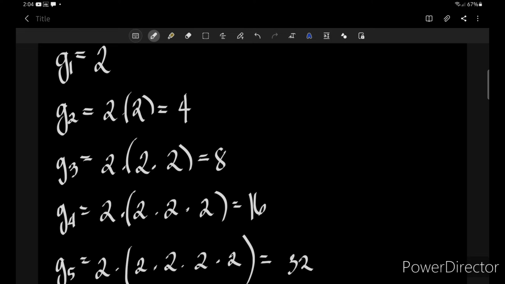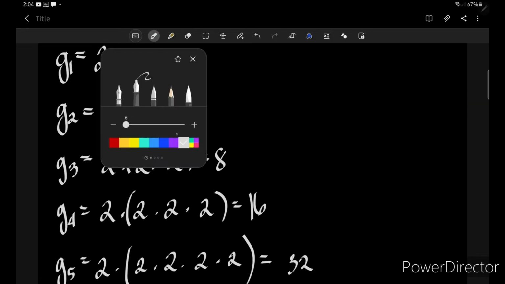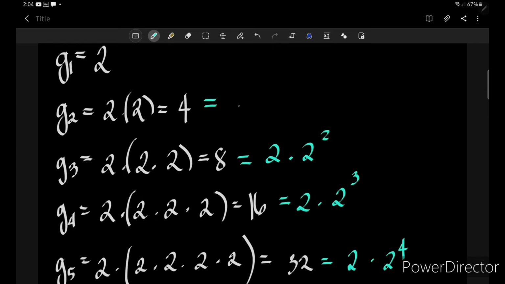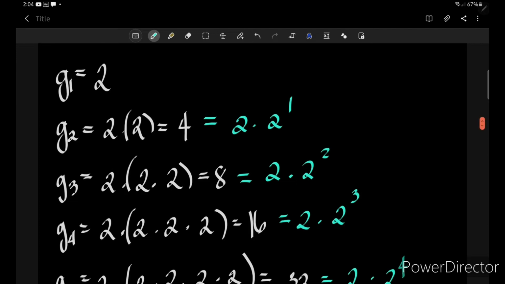Now, kung mapapansin natin, yung g sub 5 ay pwede natin siyang isulat as 2 times 2 raised to 4. G sub 4 is 2 times 2 raised to 3. G sub 3 is 2 times 2 raised to 2. For G sub 2, we have 2 times 2 raised to 1. And for G sub 1, we have 2 times 2 raised to 0.